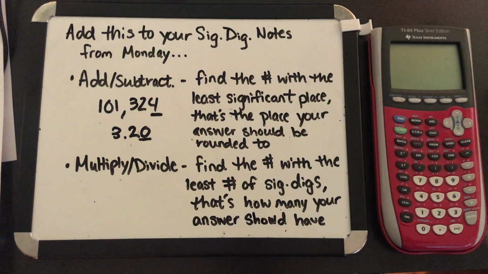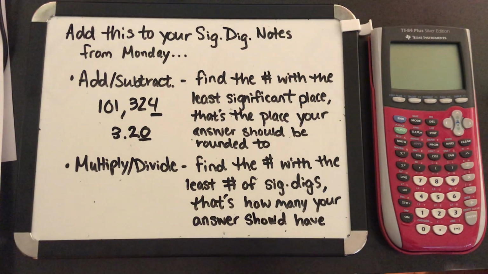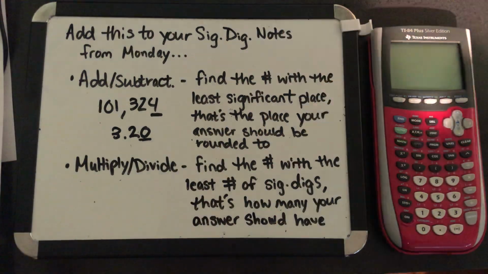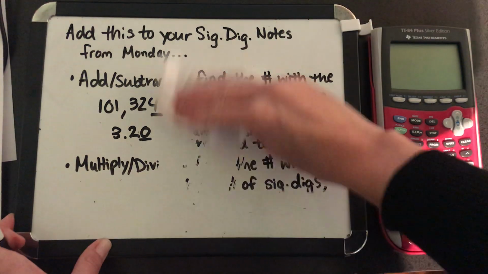And that's going to make more sense after I show you an example problem. For multiplication and division, you find the number in the problem with the least number of significant digits, and that's how many significant digits your answer should have. So I'm going to go ahead and erase this and show you a couple example problems.